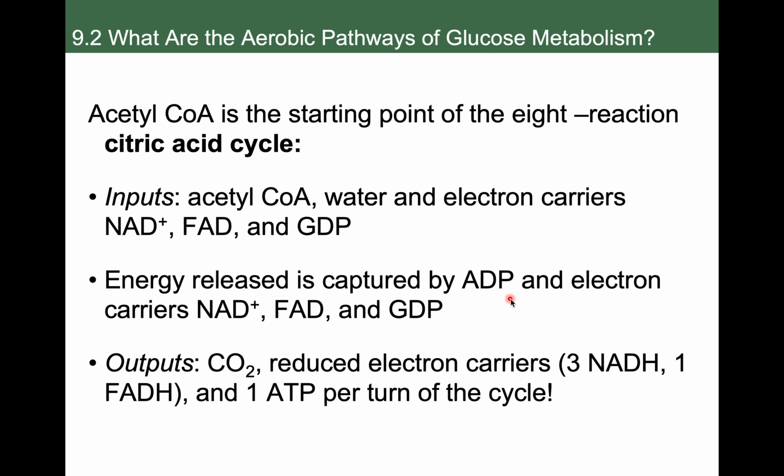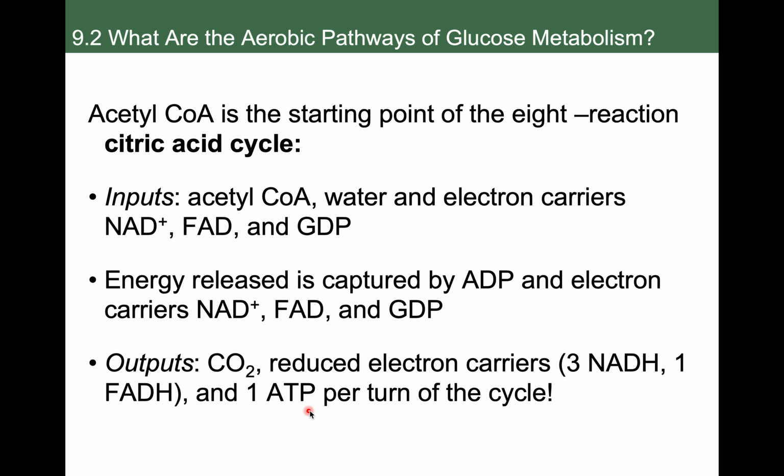I'll show you the image of the citric acid cycle here in just a second. But really the key thing you need to know is what's going in. Well, acetyl-CoA is going in. You also need some of these oxidized electron carriers and GDP, but I'm not so worried about those. Main thing is acetyl-CoA is going in, and what's going to come out?